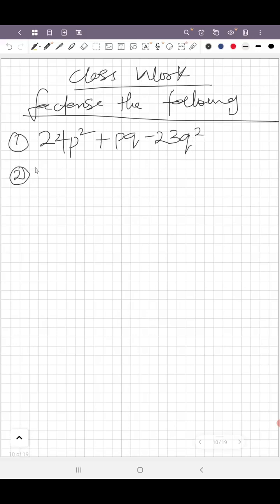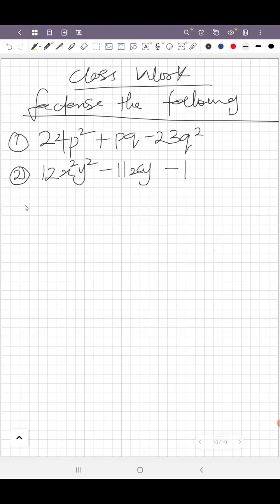Number 2: 12x squared y squared minus 11xy minus 1.